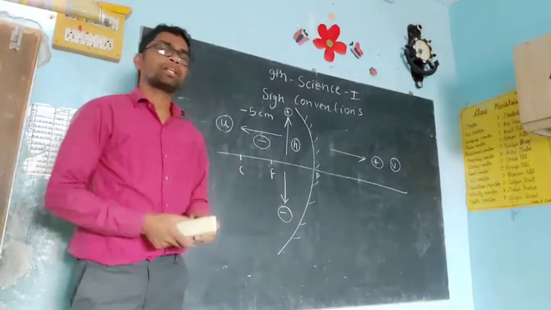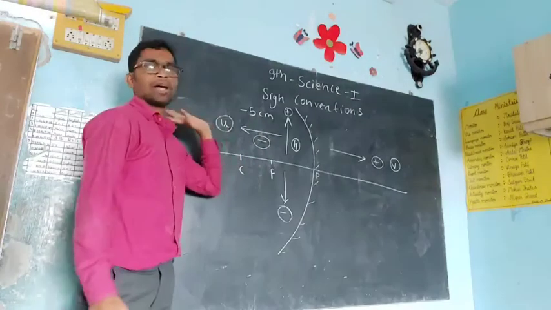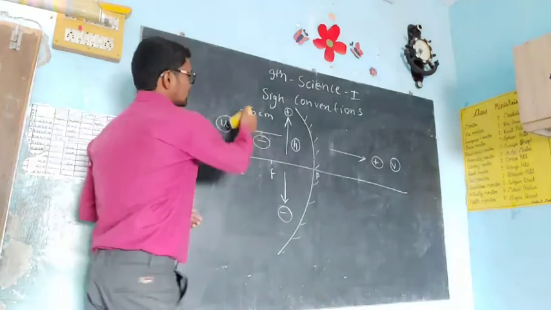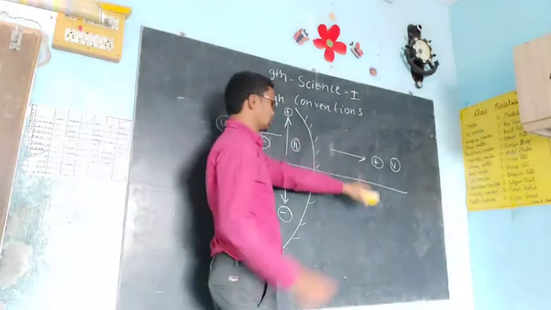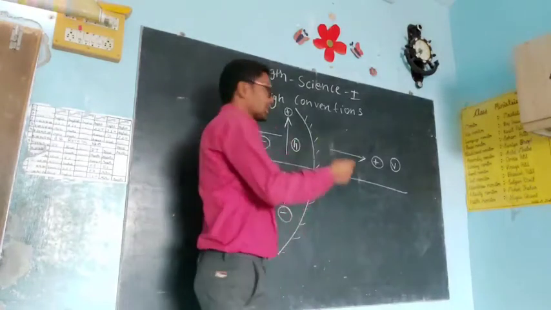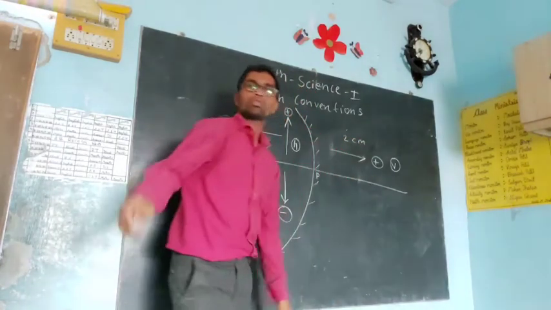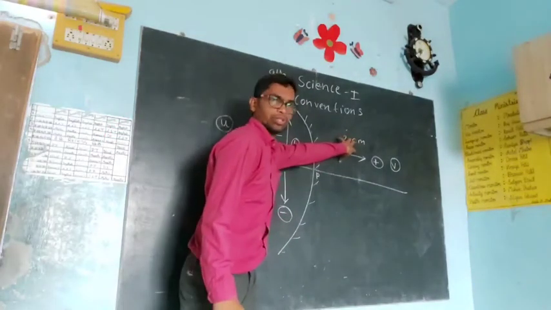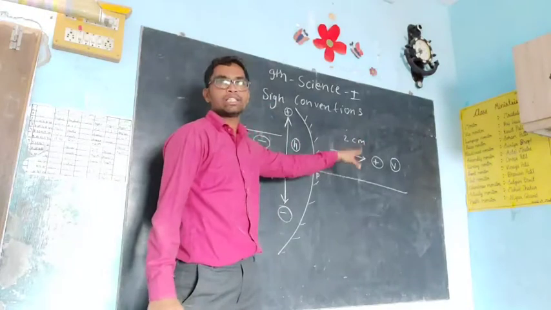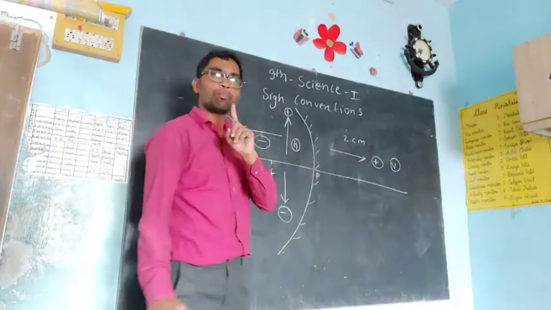Whenever you solve an example, the distance between this object and mirror will come minus 5 cm. But if you get the image of that object here, suppose at 2 cm, then that is positive 2 cm; the positive sign we do not need to write down. The image distance between mirror and image will come positive.